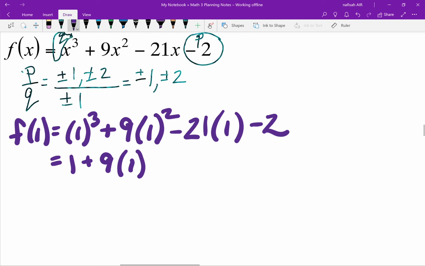Negative 21 times 1 is negative 21, minus 2. 9 times 1 is 9. So I end up with 1 plus 9. 1 plus 9 is 10. 10 minus 21 is negative 11. Negative 11 minus 2 is negative 13, which is not 0, which means that 1 is not a root. It is not a factor.